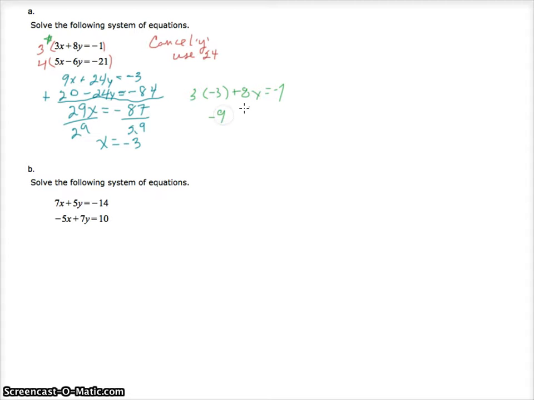Negative 9 plus 8y equals negative 1. Add 9 to both sides. 8y equals 8. So y equals 1. So my solution is negative 3, comma 1.